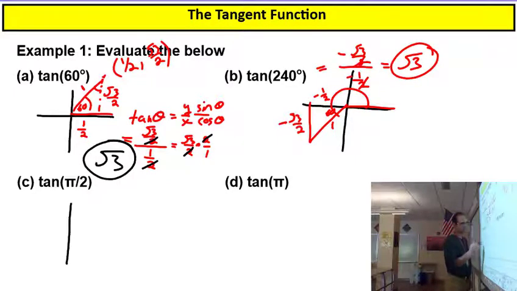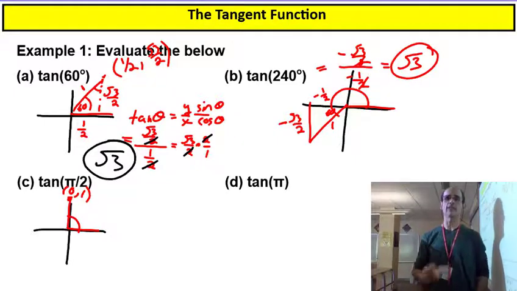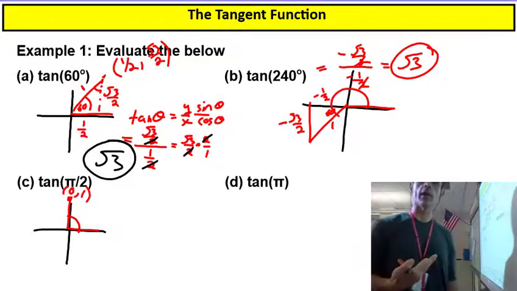Okay? Let's do the tangent of pi over 2. Now, the tangent of pi over 2 is the tangent of 90 degrees, right? 180 divided by 2 is 90. Those coordinates on the unit circle are 0 for x and 1 for y. That means that the cosine is 0 and the sine is y. The sine is 1.